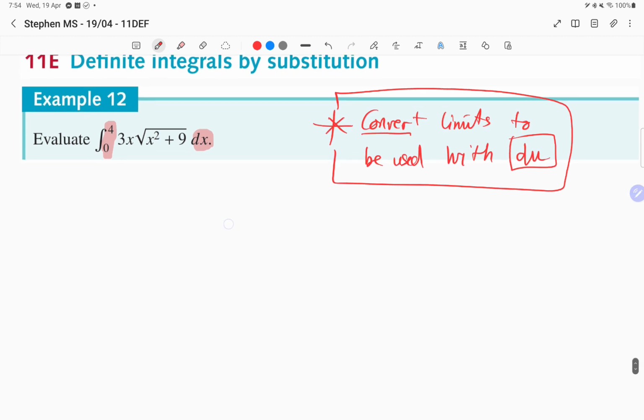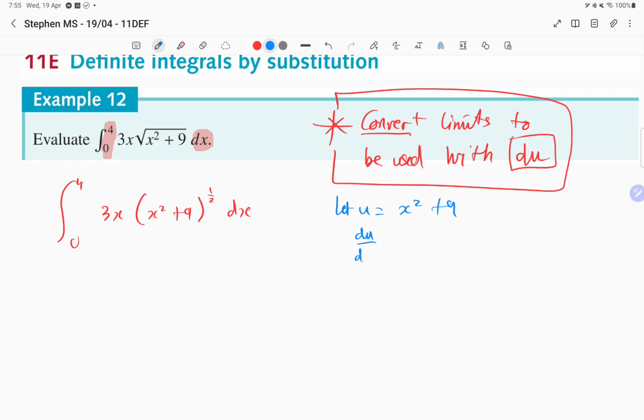Alright, so first, same steps. Antiderive from 0 to 4 of 3x times square root of x squared plus 9. Let's change that to power half, dx. On the side, let u equal x squared plus 9. Then du over dx equals 2x.